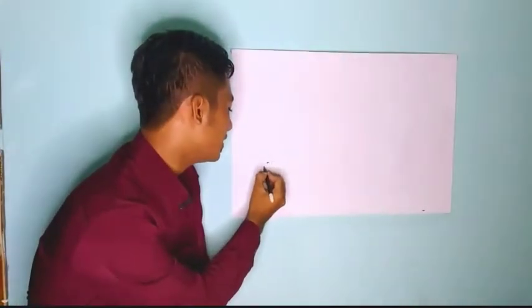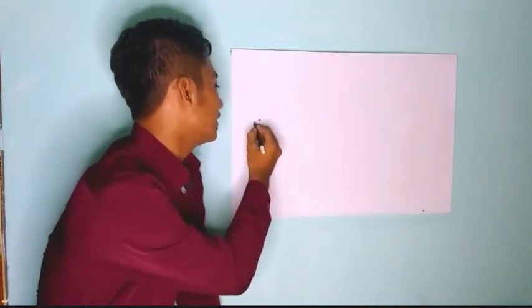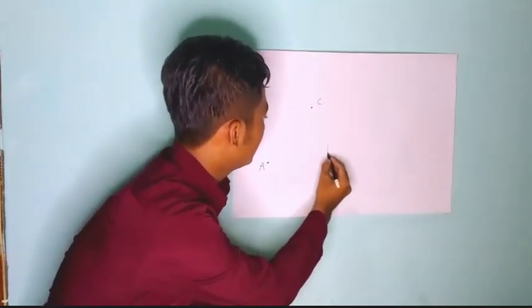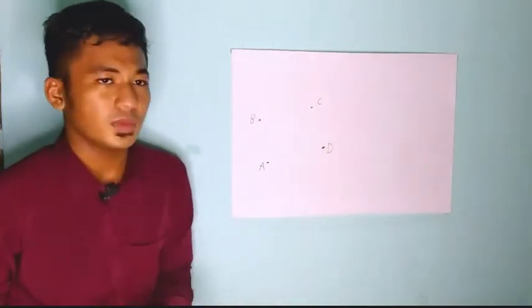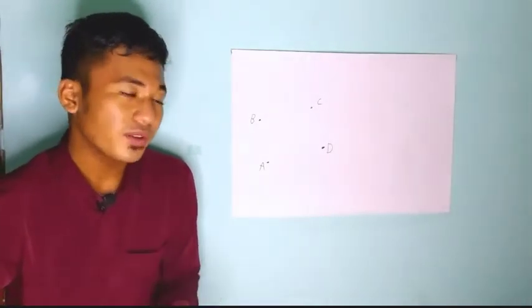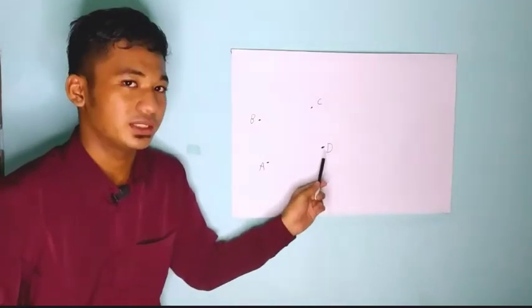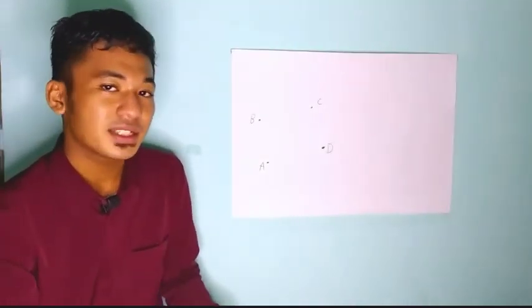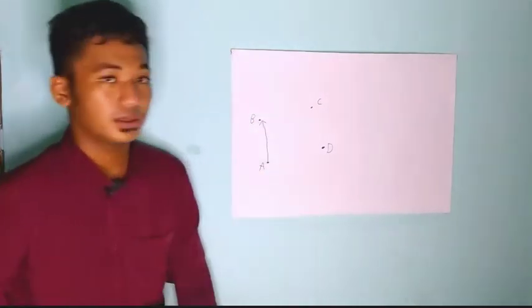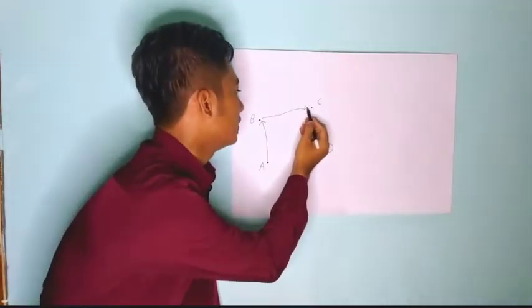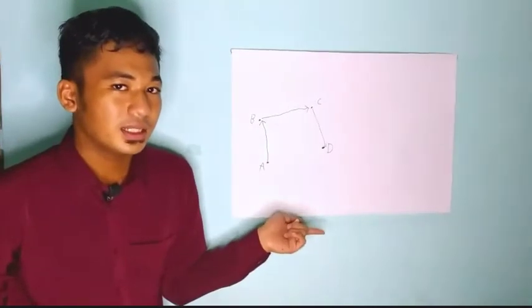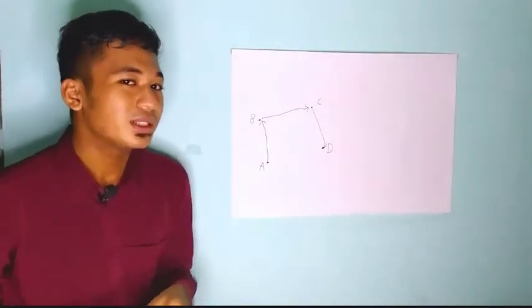Let's say this point is point A and this is point B, this point C, and then point D. Someone needs to travel from point A to point D, and he takes the route from A to B, B to C, and C to D. He takes this route, so it is distinct.